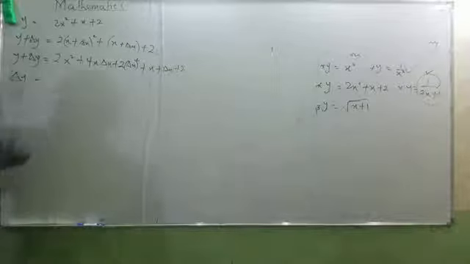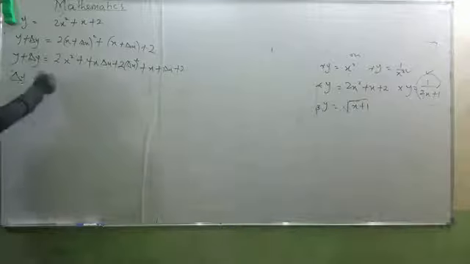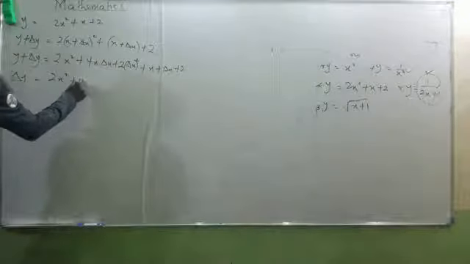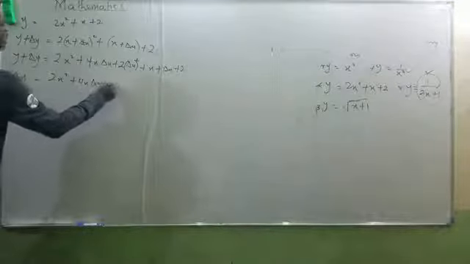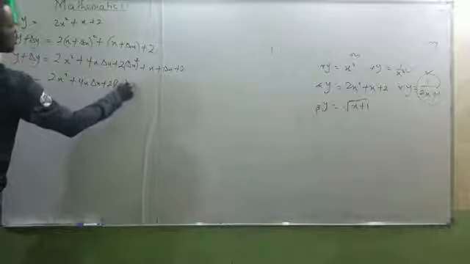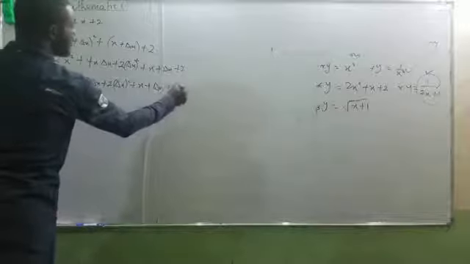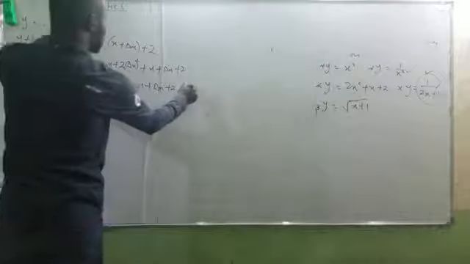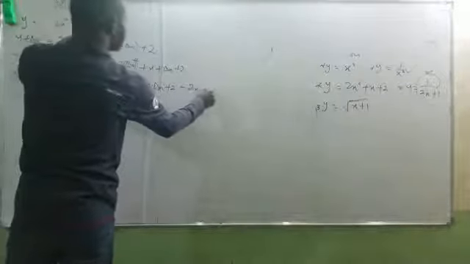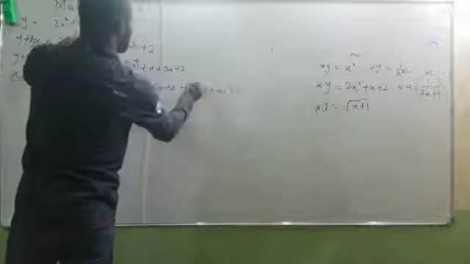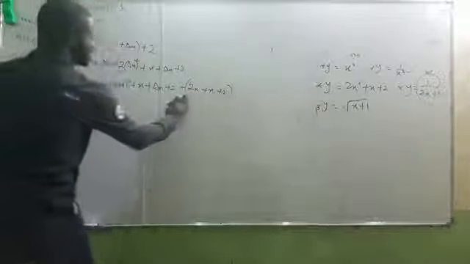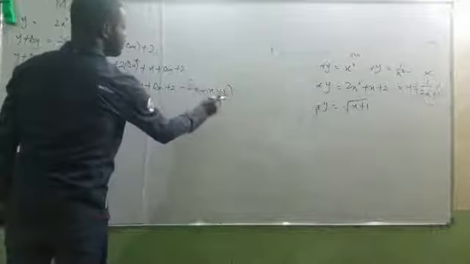Okay, now it will be equal to what? 2x squared plus 4x delta x plus 2 delta x squared plus delta x plus 2 minus 2x squared plus x plus 2. This will be minus, this will be minus.